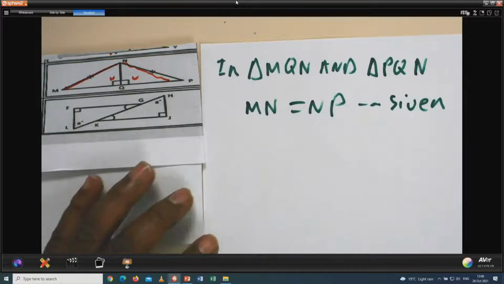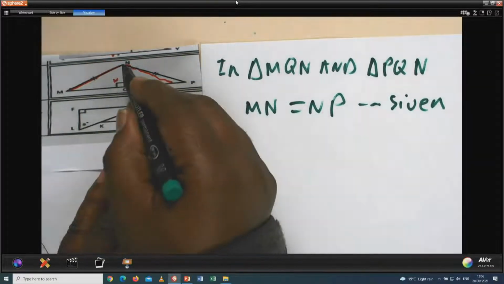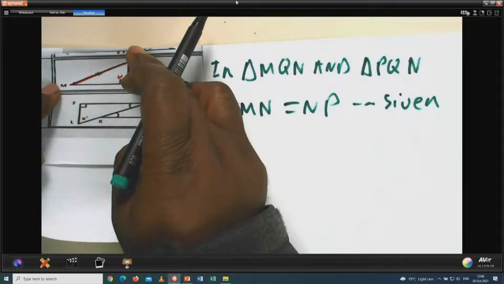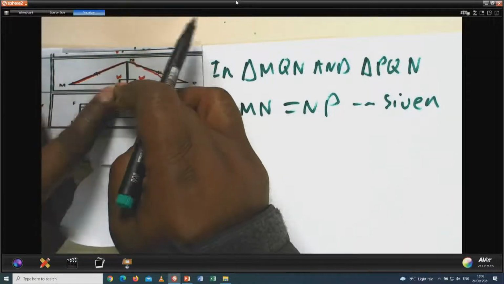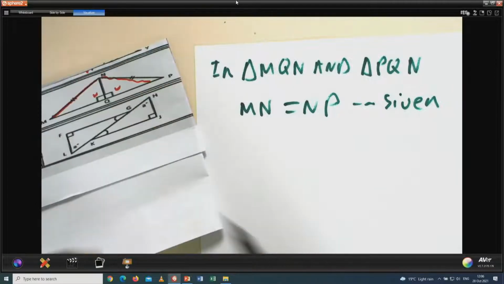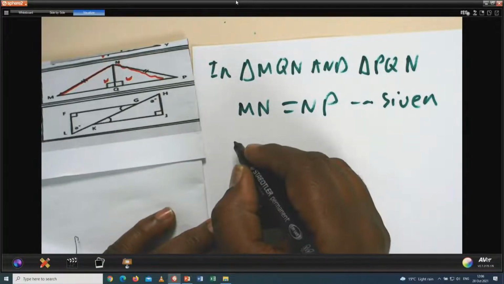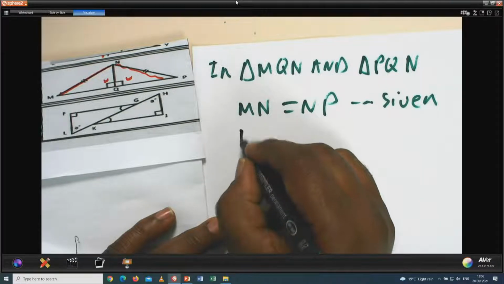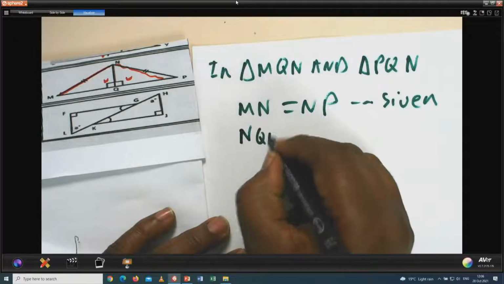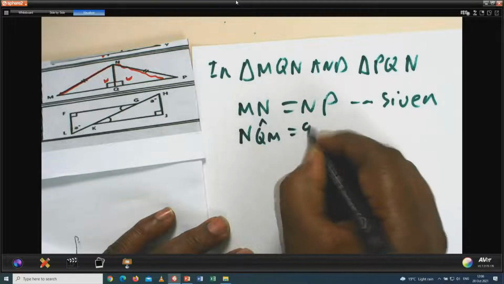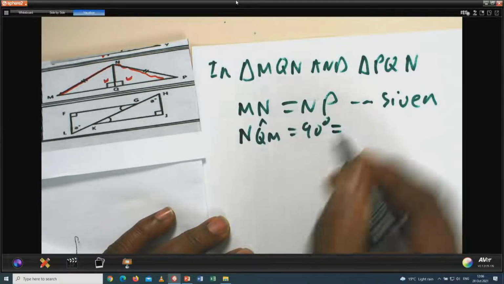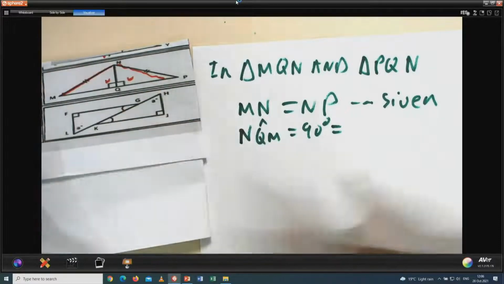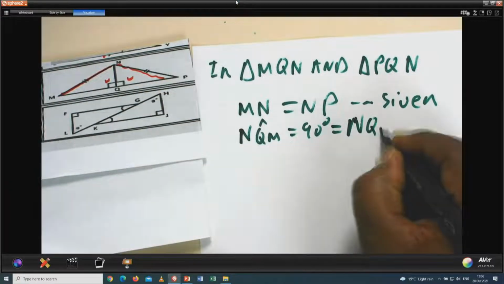What else do you know? Angle NQM, N first letter, M last, they meet at Q, equals 90 degrees. And this side also, angle NQP equals 90 degrees.